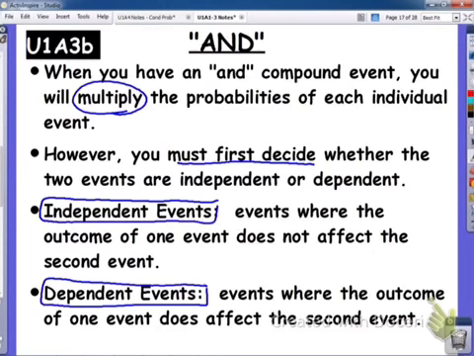Independent events are events where the outcome of one event does not affect the second event. And dependent events are events where the outcome of the first event affects the outcome of the second event. It does affect. Okay?